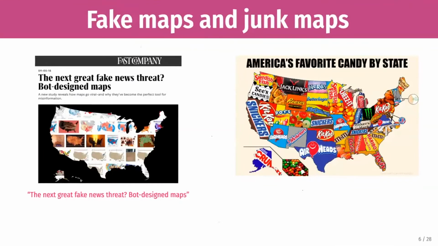One instance of this, which you see all the time, are maps where it says America's favorite candy, America's favorite food, the most preferred sports teams per state, the most interesting Google searches across states. You've seen maps like this all the time. This looks authoritative, I guess, but it doesn't say where this data came from, and it kind of just distorts weird trends. Is it true that the favorite candy of Montana is beef jerky?